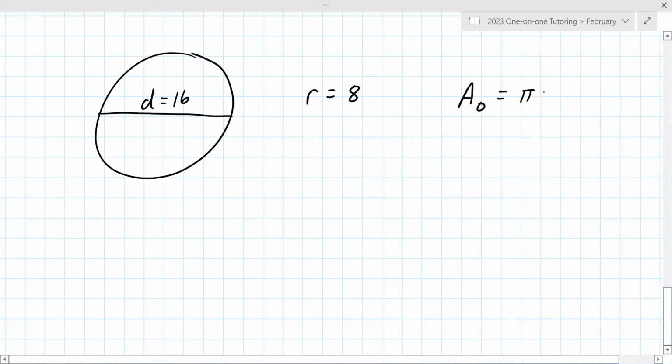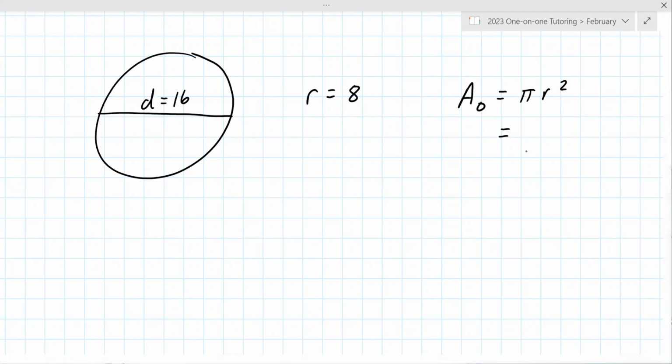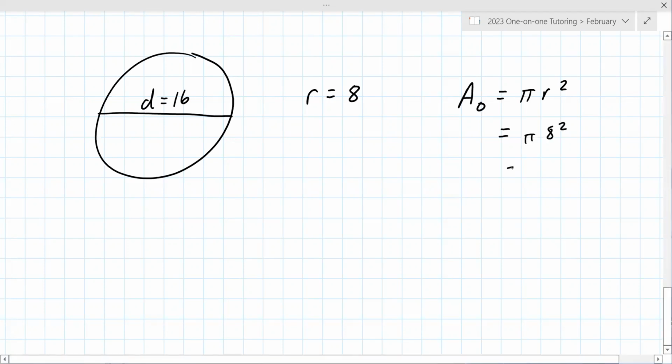Pi times radius squared. So what would the area of this circle be? It would be pi times 8 squared. What is the simplified form of that? 64 pi. Good.